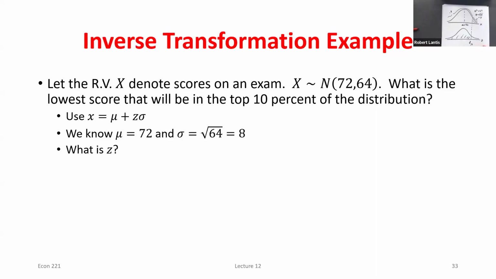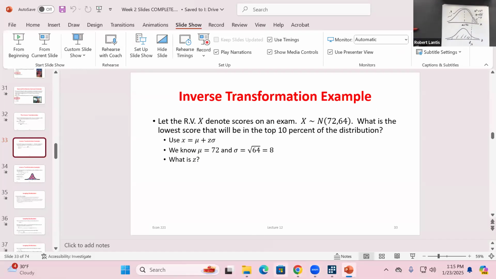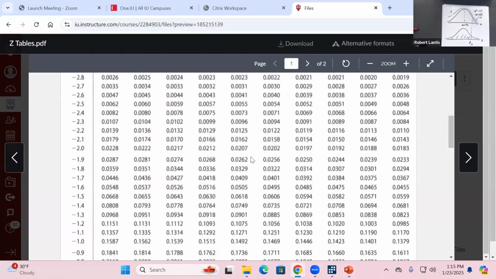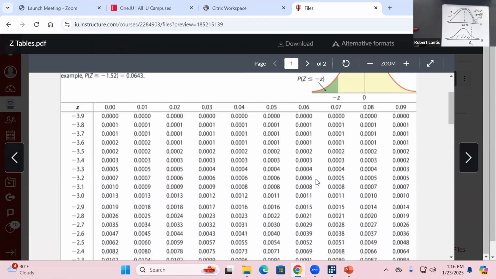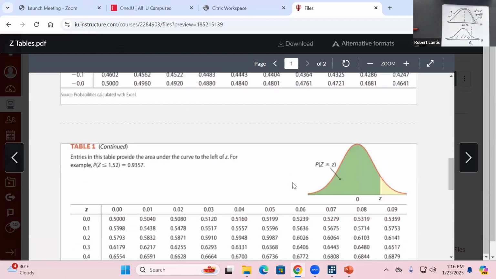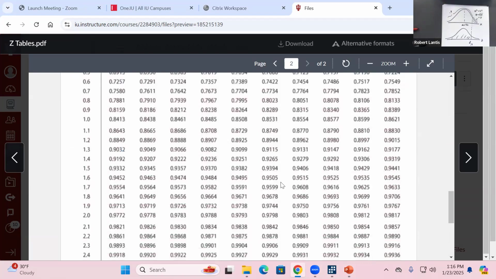So I'm going to use my table, and I'm going to work in reverse or the inverse, right? So here, I no longer have a z-score. I know the area in my left tail, right? That area in that left tail below the value I wanted to find was 0.9. So I'm going to have to hunt through here and find what is closest to 0.9.